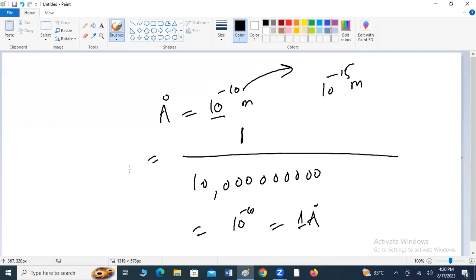So this was angstrom. And the next one is micron. Micron is basically another small unit. Micron is another name for micro basically. Micron means 10 raised to power minus 6 meter. Again, it's a small value. And when it comes to example, he says that red blood cells are approximately 10 microns in diameter.